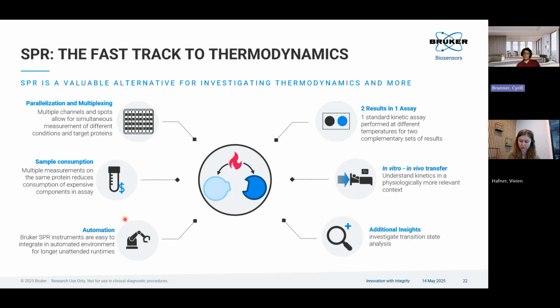And finally, this goes specifically into the transition state analysis. Such an experiment allows you to get additional insights which you otherwise wouldn't get without doing complex structural elucidation studies, so NMR or crystallographic X-ray experiments.